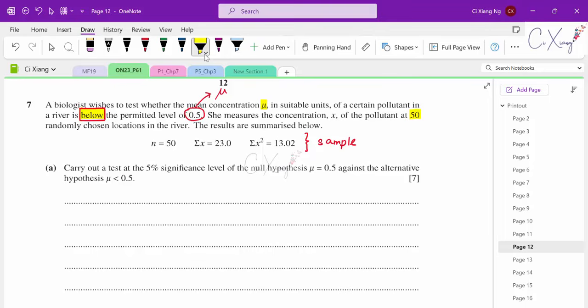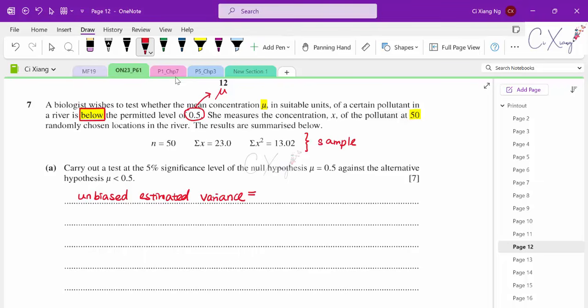For the very first step, we need to calculate the unbiased estimated variance for the population first, so that we can use it in the hypothesis test later.